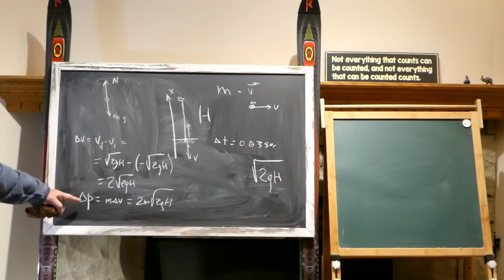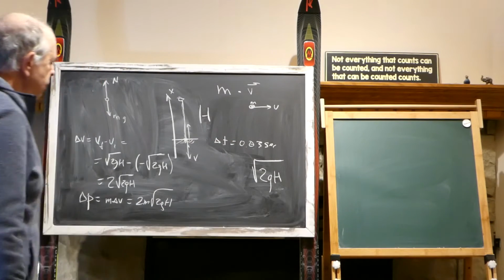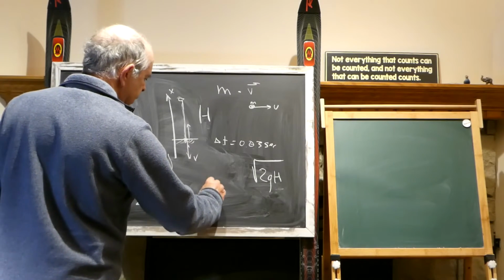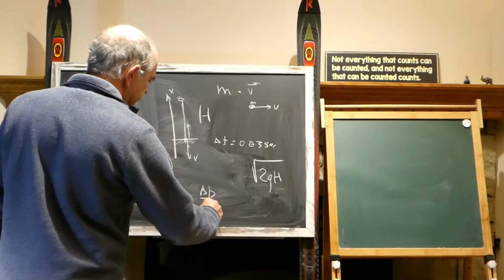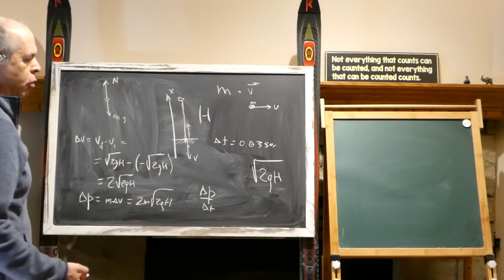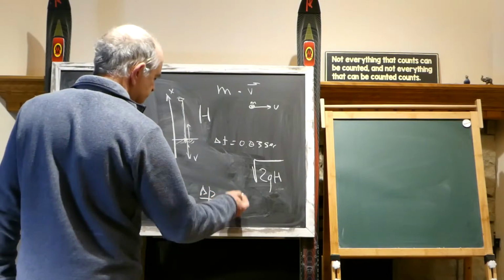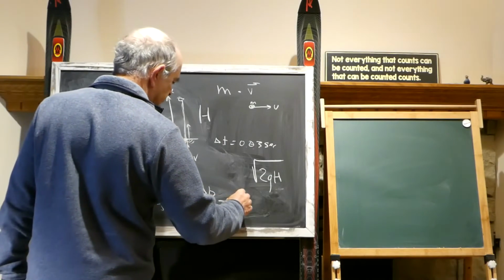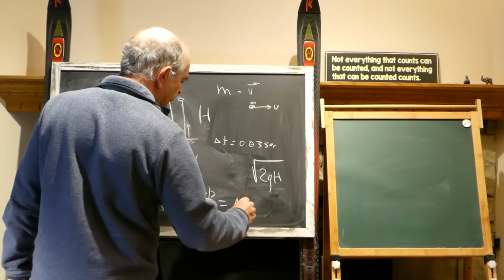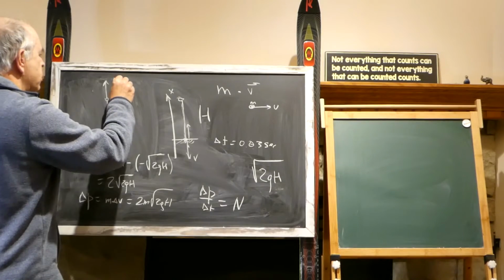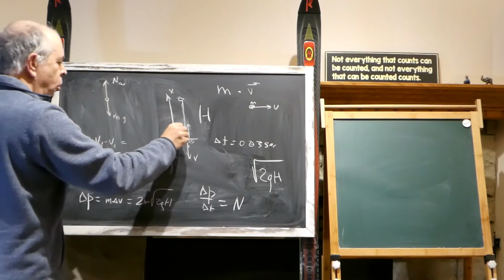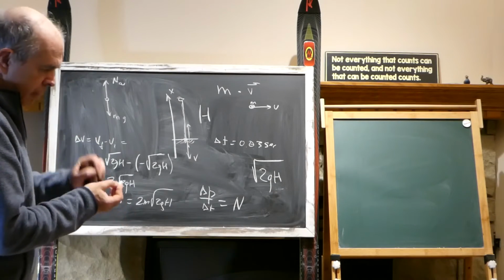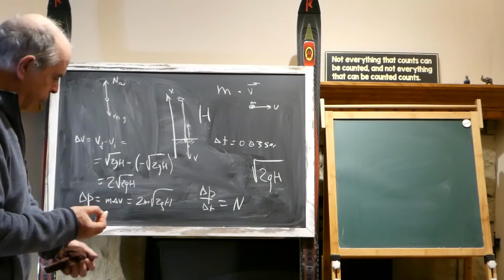We know delta p and we know delta t. So of course we can say that delta p divided over delta t, those two values are known to us, equals the sum of the forces acting on this body, and it would be N average minus mg. This is average because when we are only hitting it slightly the force is very small, but when we press the force is very high.